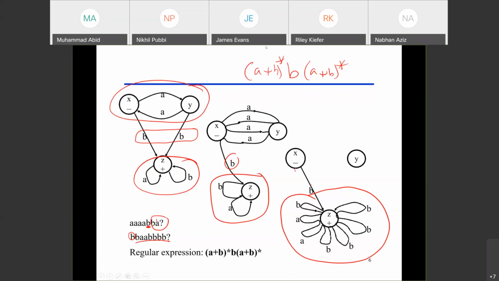I can continue, but I want to see if you guys are happy with this so far. Do you guys understand all these things? It makes sense to me. Okay, so let's continue then. So now we are saying that we are happy with this.